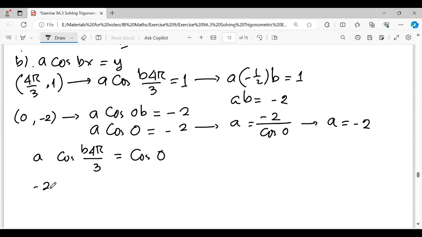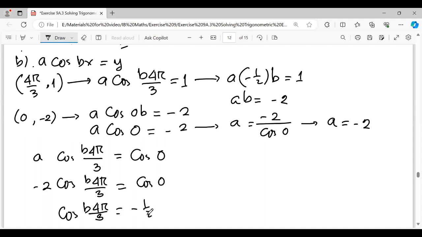So -2 cosine b times 4 pi third equals 1. So cosine b times 4 pi third equals -half.